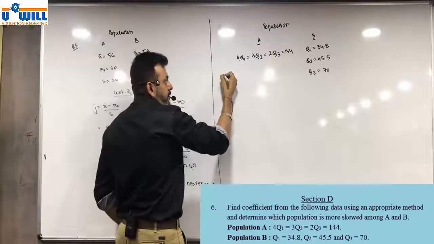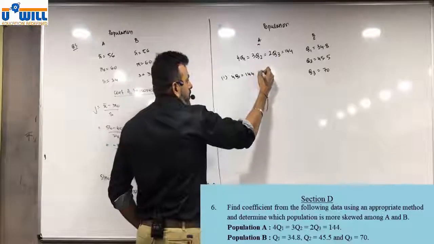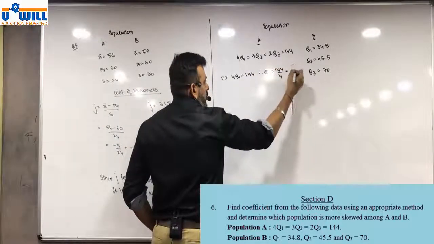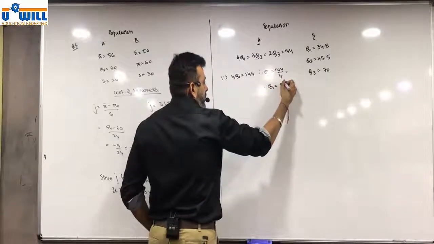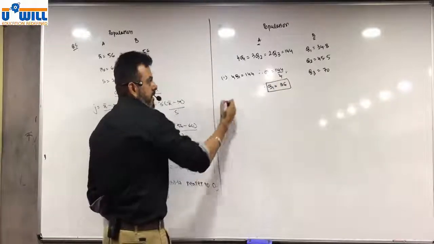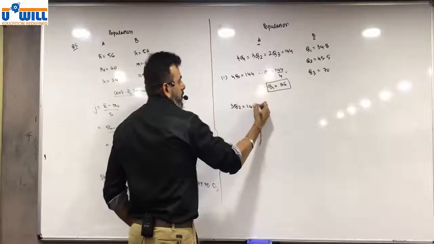So I'll take the first one. 4 quartile 1 is equal to 144. Therefore, quartile 1 is equal to 144 by 4, which is 36. Q1 is found.